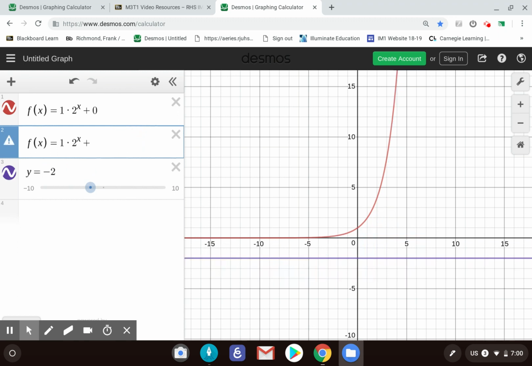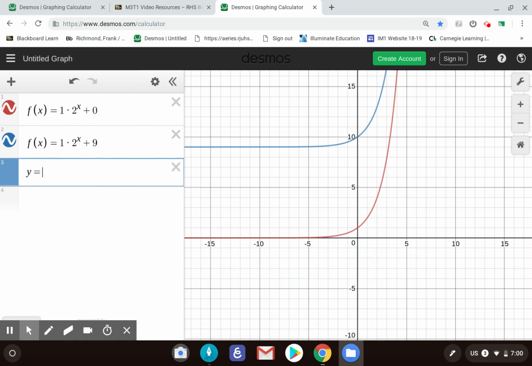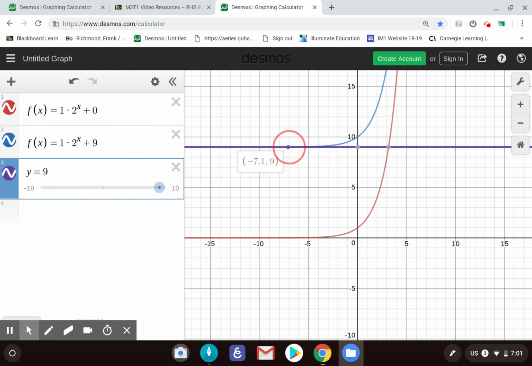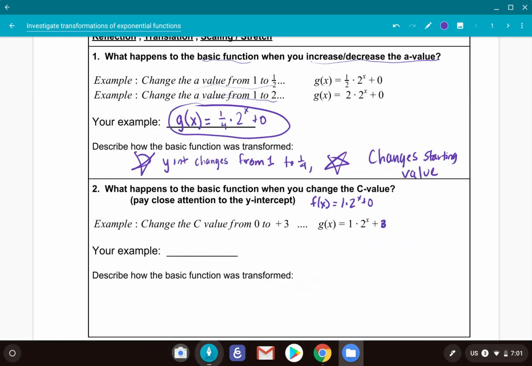I could change my c value to 9, and now my asymptote becomes this horizontal line at 9. So if I were describing how it changed, I would say changing the c value changes the asymptote.